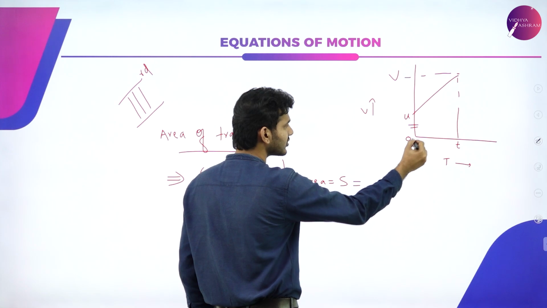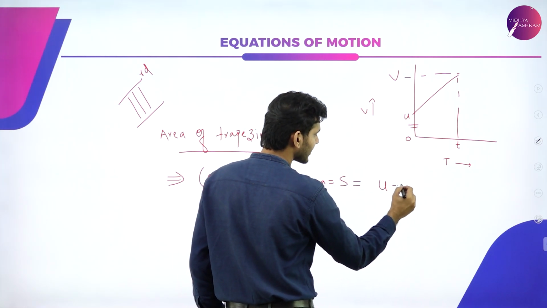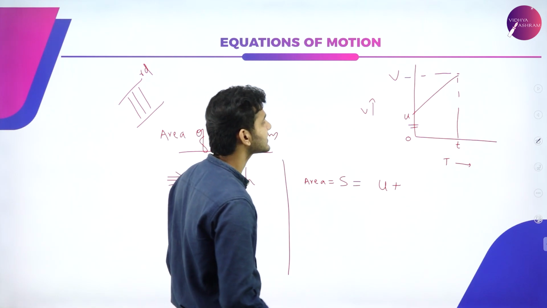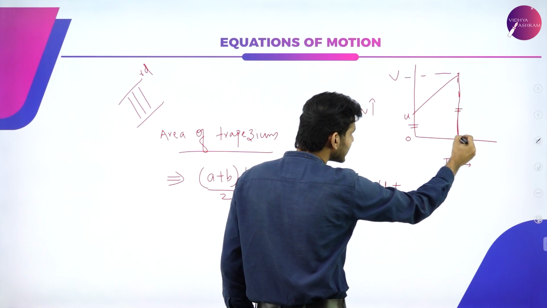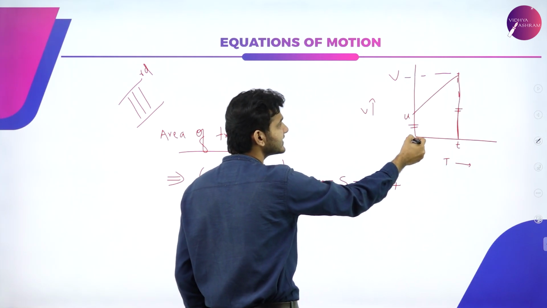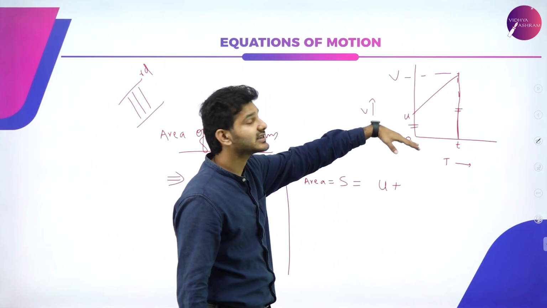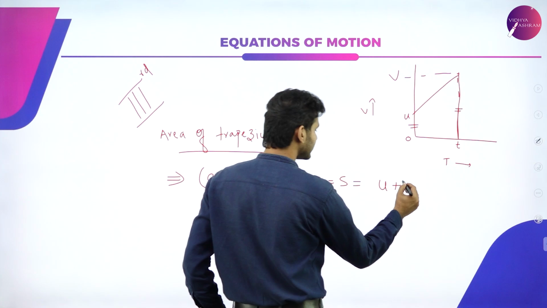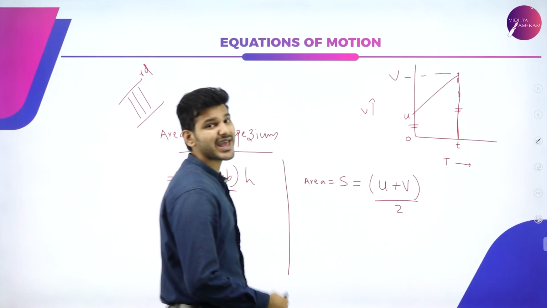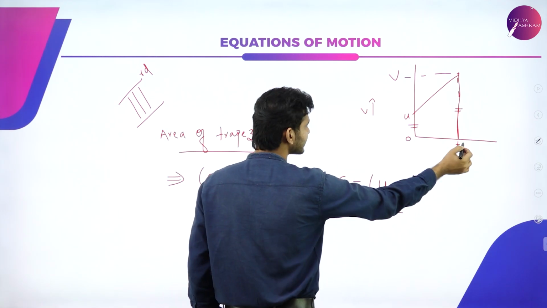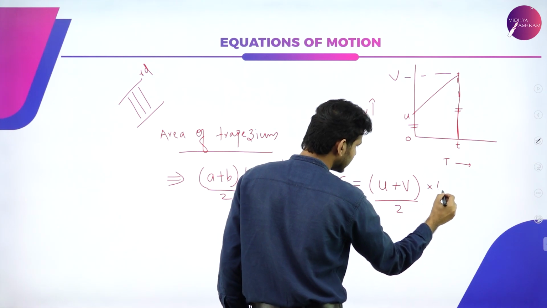A is nothing but this side. So if this is 0, U minus 0, so U is A. B is nothing but this particular side, and you know this particular length is actually equal to this particular length, that is 0 to V. So this particular length is nothing but V. So it is actually (U plus V) divided by 2 into H. H was nothing but the distance from here to here, and we already know that particular distance, it is t.